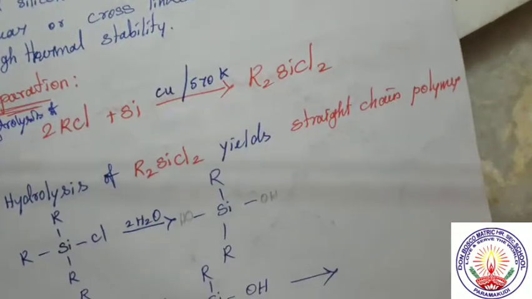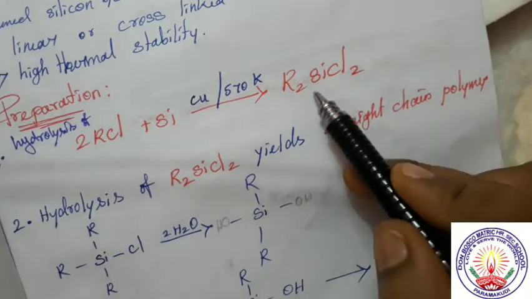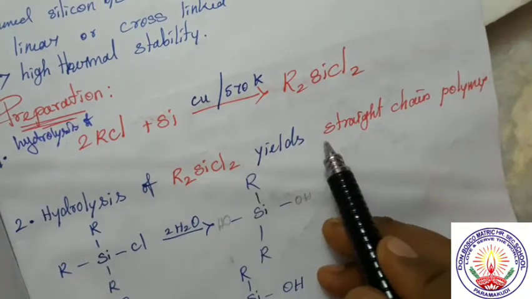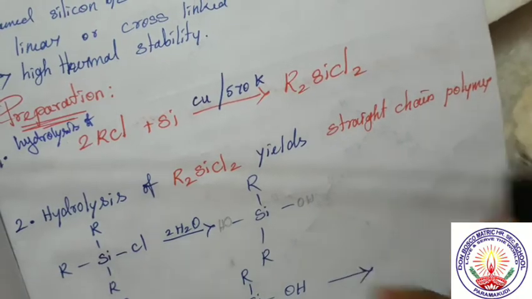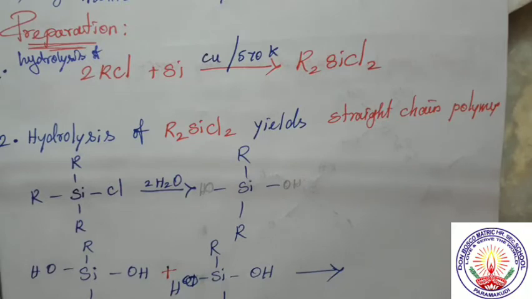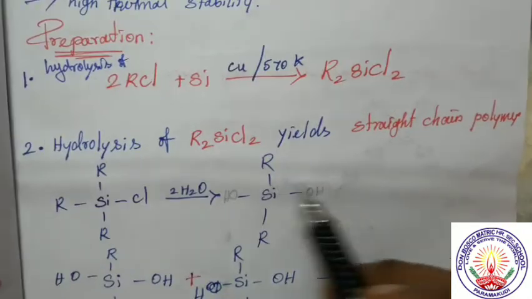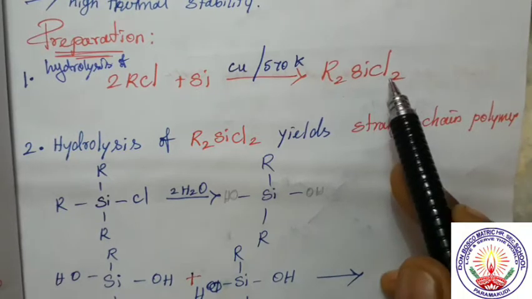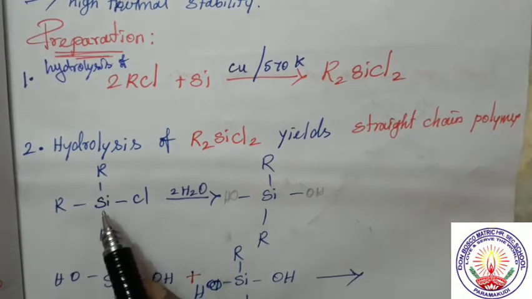Next, this compound is hydrolyzed to yield a straight chain polymer. See now, this unit, that is R2SiCl2.